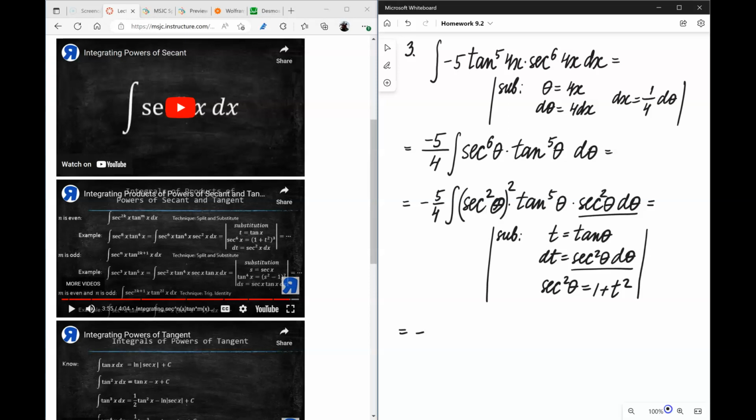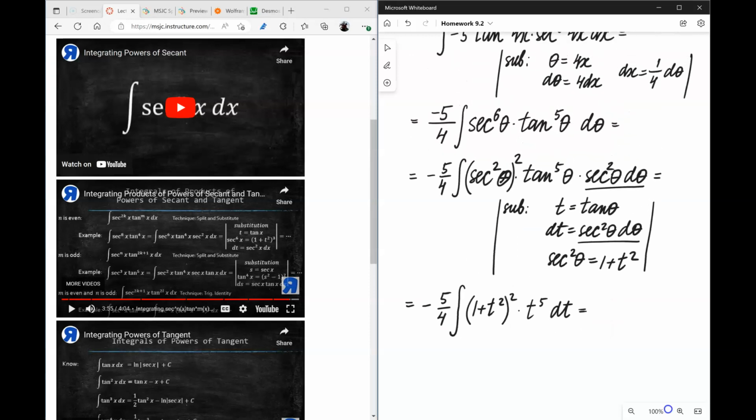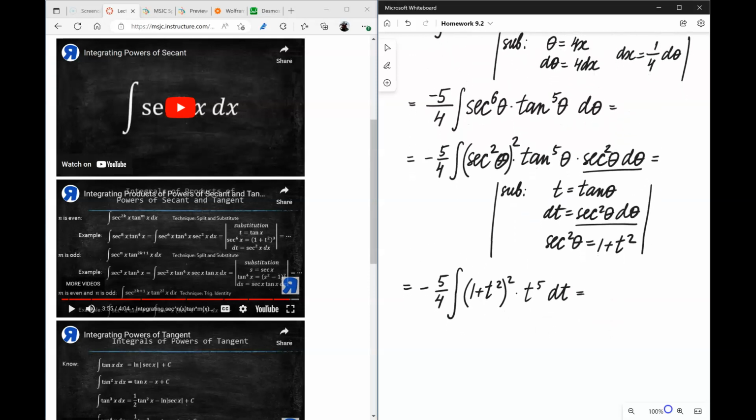And now we have 1 plus t squared squared times t to the power of 5 dt as our new integral, which is just a polynomial in terms of t.